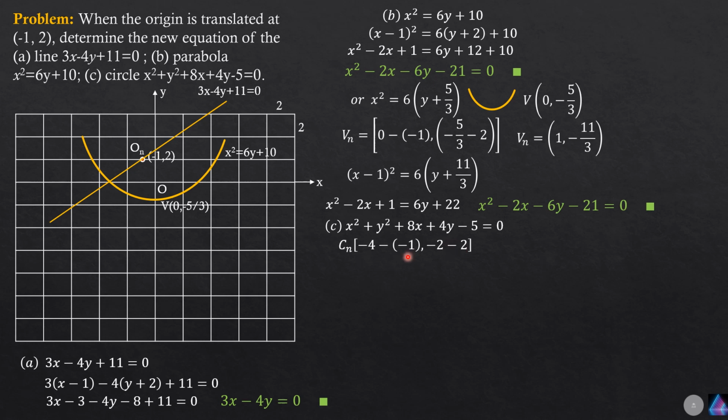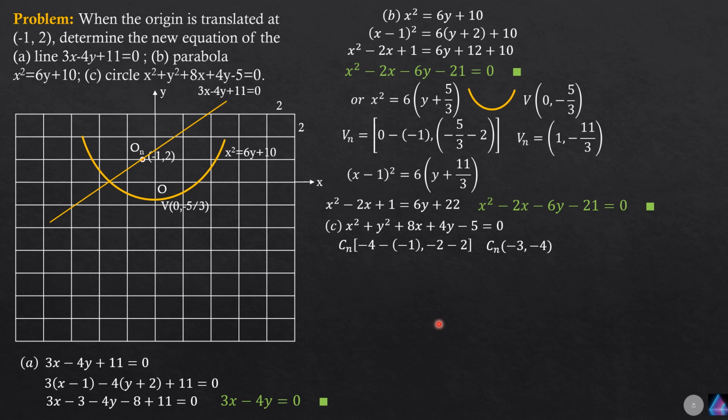So the new center is at negative 4 with respect to the original origin minus negative 1. So it is then comma, negative 2, the center of this original circle, negative 1/2 of 4, that's the shortcut, negative 2, then minus 2. So it is at negative 3, comma, negative 4, the new center of the circle with respect to this new origin here.